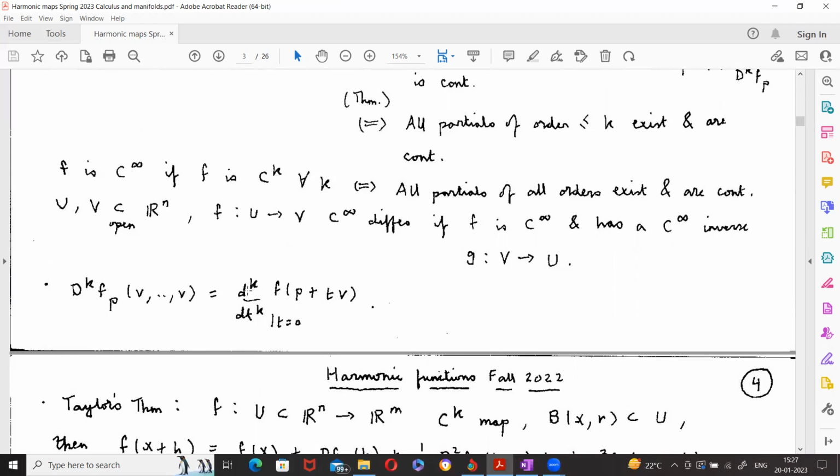Similarly, if I differentiate k times, if I take d^k/dt^k at t equal to 0 of f of p plus tv, this will give me the kth derivative d^k f at p applied to v comma v comma v, k times. Remember, this kth derivative I'm thinking of as a multilinear map. So it is going to act on k vectors. Is this okay?